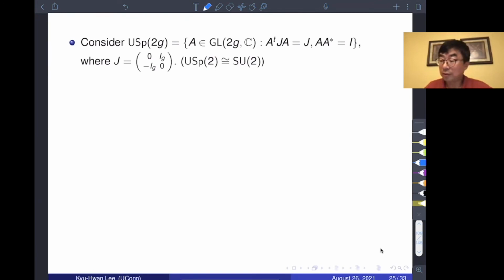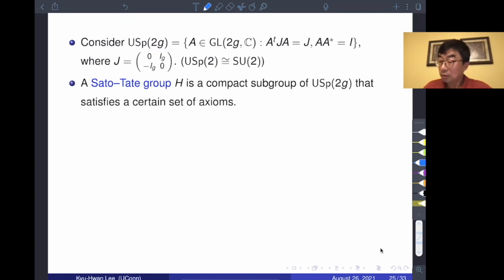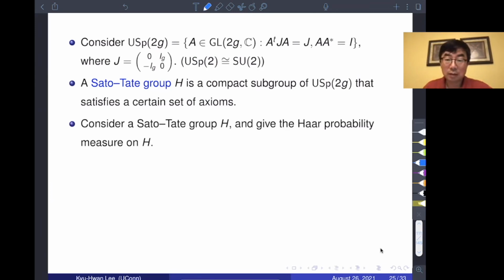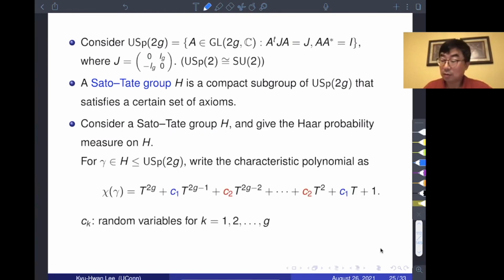In general, if we consider USp(2g), a Sato-Tate group H is a compact subgroup of USp(2g) satisfying a certain set of axioms. If we give the Haar probability measure on H, then because this is a unitary group and also a symplectic group, the characteristic polynomial has this form.